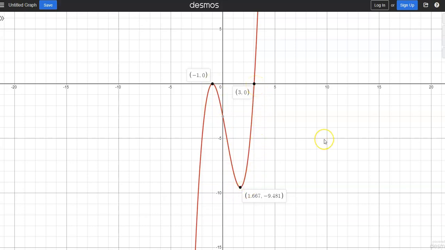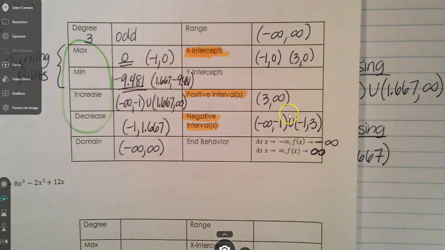Those are those two spaces. So from negative infinity up to negative 1, and from negative 1 to 3. My y values are negative in both of those areas. But it's not at negative 1. So that's why this kind of jumps over negative 1.